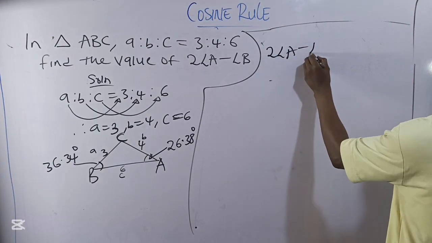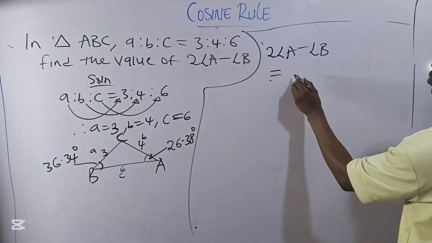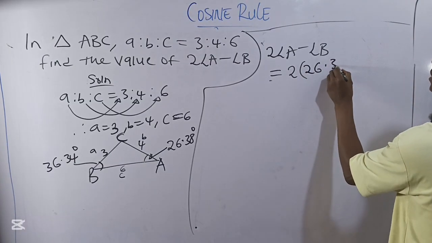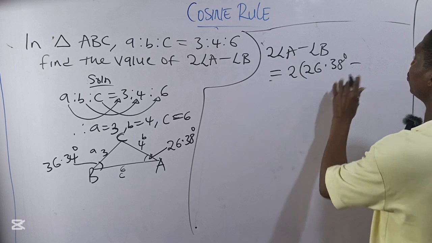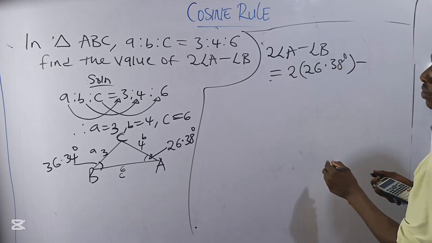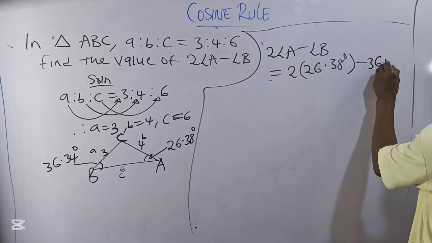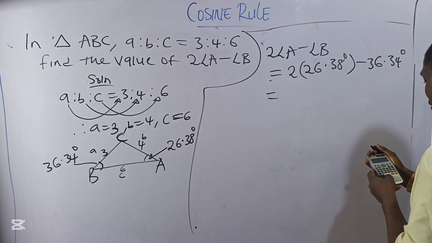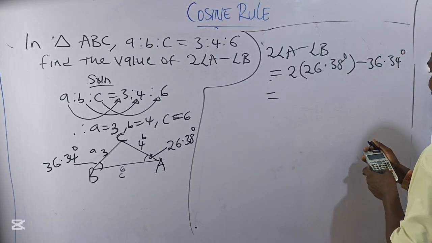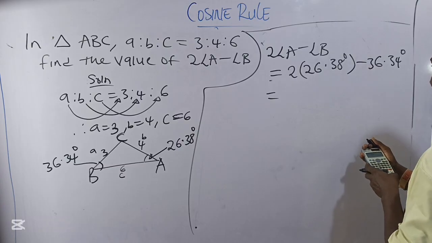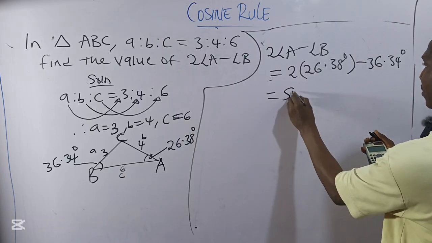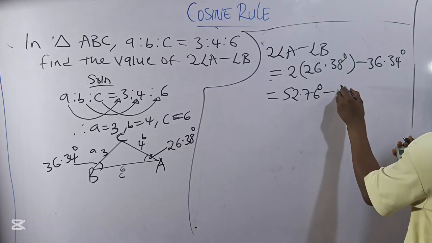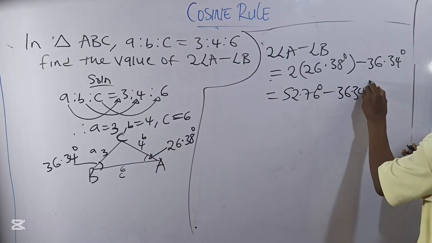2 angle A minus angle B will be equal to 2 in brackets, the value of angle A, 26.38 degrees, minus the value of angle B, 36.34 degrees. 2 times 26.38 gives me 52.76 degrees, minus 36.34 degrees.